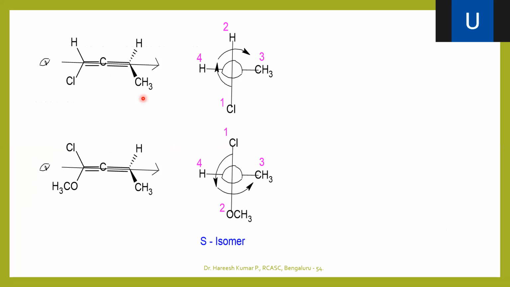So this is the one I am taking, and here one thing you need to remember. There is a chiral axis. The chiral axis is passing through this carbon and then this carbon. So these groups are called nearer groups and these groups are far groups.